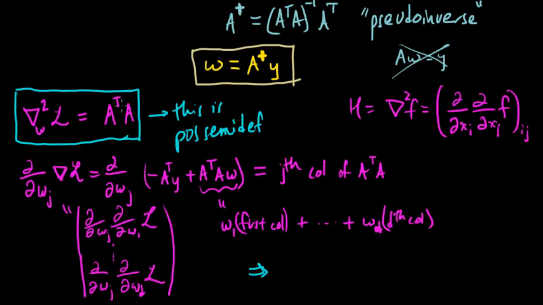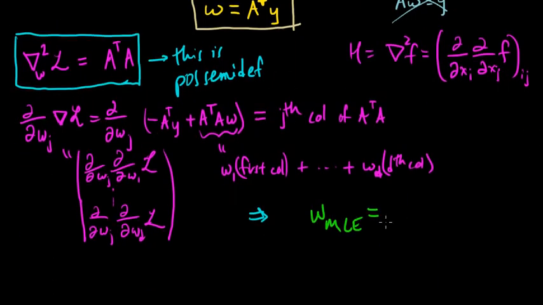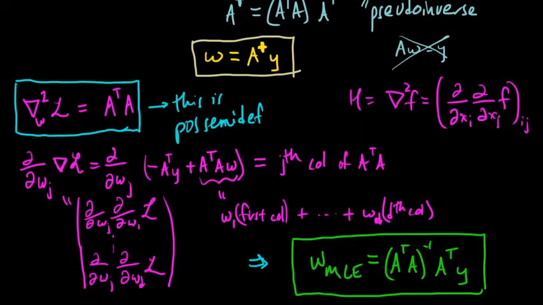Since this is a positive semi-definite Hessian at any W, and so in particular at that W, that implies that W MLE, let's put this in green, so W MLE equals this pseudo inverse times A. So let's write out A transpose A inverse times A transpose times Y. Right? It's the MLE because it's the minimizer.